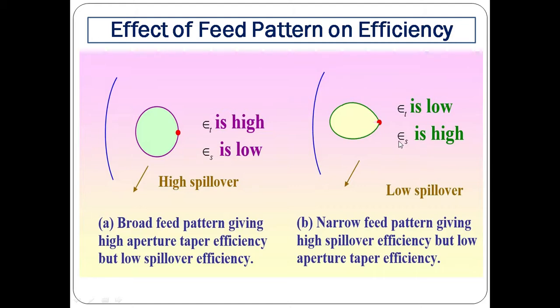If spillover efficiency increases, the taper efficiency reduces. A narrow feed pattern gives high spillover efficiency but low aperture taper efficiency, since there will be low illumination at the edges. That is why some optimum value has to be selected in order to balance both.